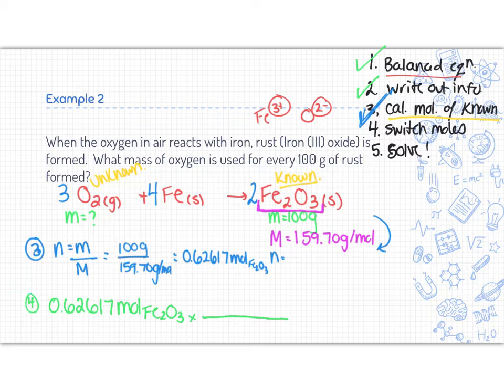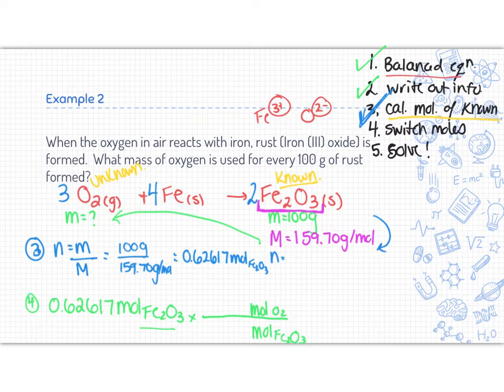In this fraction, I always want to cancel what I've started with. So moles of Fe2O3 need to go on the bottom to cancel. Because I'm interested in switching moles from iron 3 oxide to oxygen here, I'm looking for the moles of oxygen. So they need to appear in the top of my fraction.